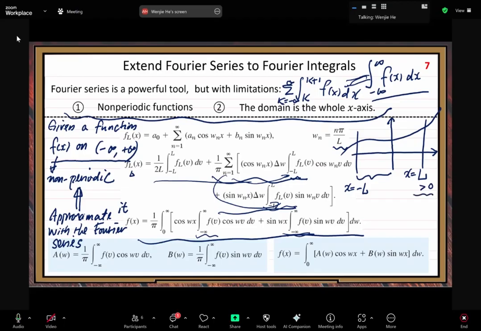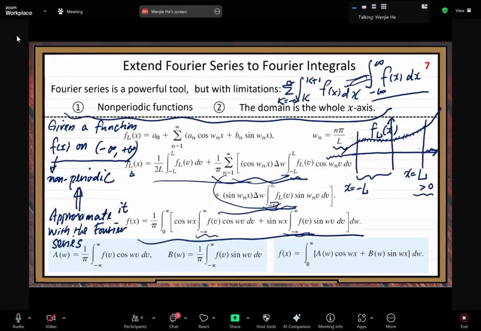So we introduce a new function we call f_L of x. This f_L function only takes the portion of the original function between negative L and positive L, and outside this interval it takes 0.